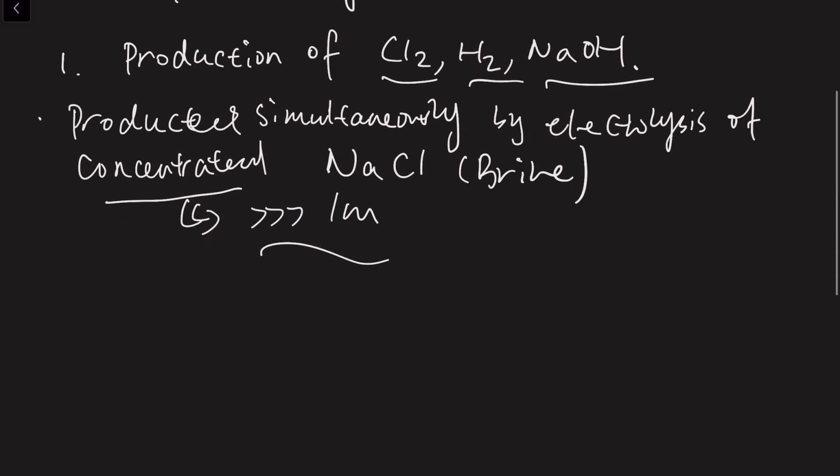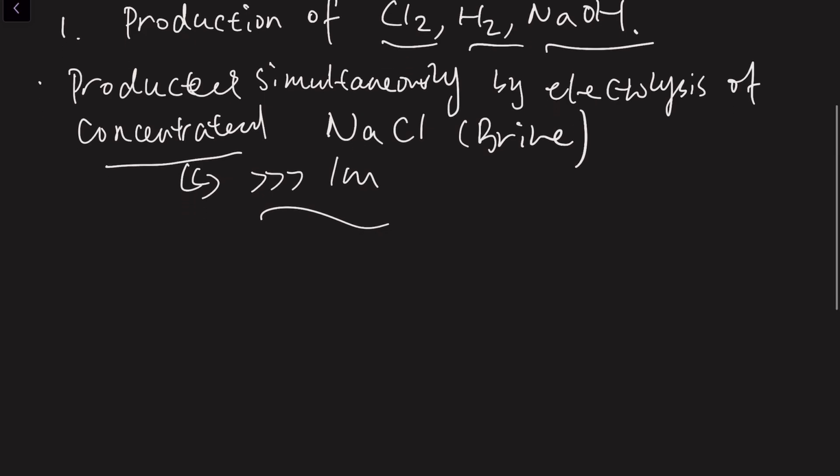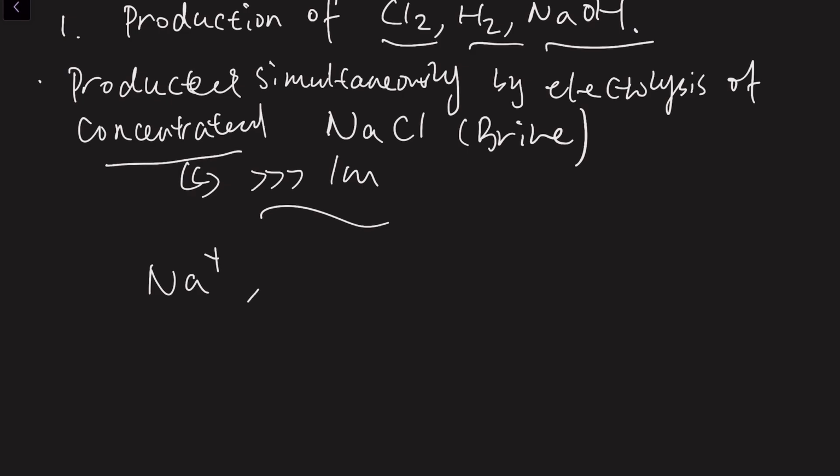And now let's look at some of the possible reactions that can happen. So you have the sodium ion, you have the chloride ion. Because you have concentrated sodium chloride, you still have water because you are not dealing with a molten sodium chloride. So the setup is actually a little bit different.